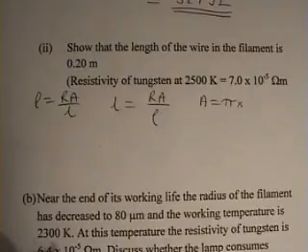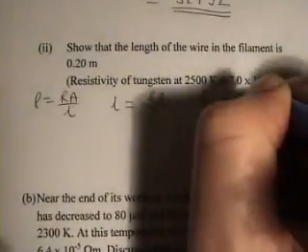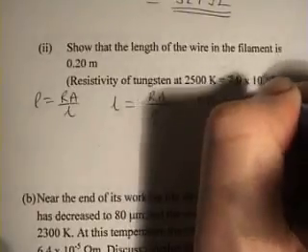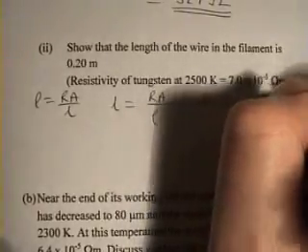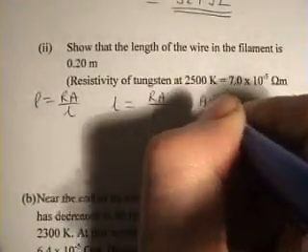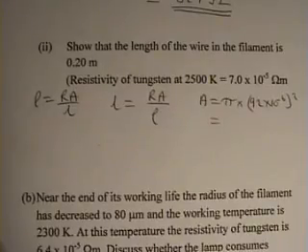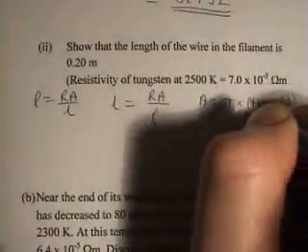But the question's made life easy for you, it's giving you the radius, but when you're doing other questions, have a careful check to make sure that it is the radius that's given, not the diameter. So the radius is 92 micrometers, so that's 92 times 10 to the minus 6 meters. So if we work out the value for the area, we get an answer of 2.7 times 10 to the minus 8 meters squared.